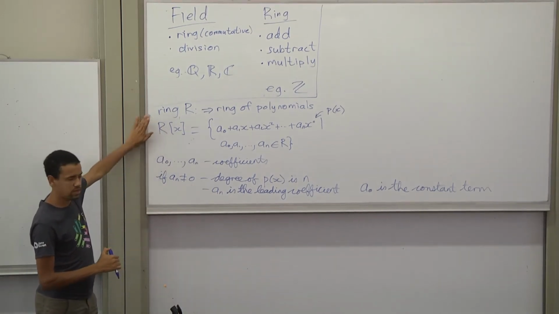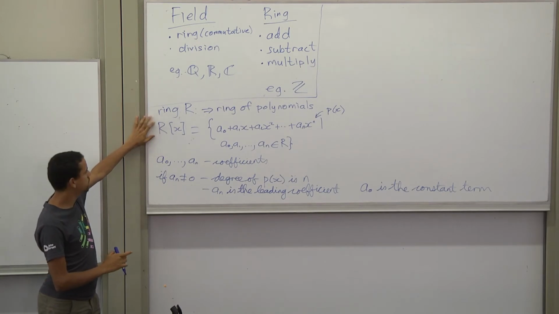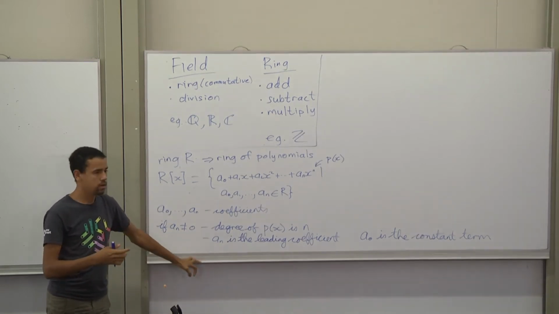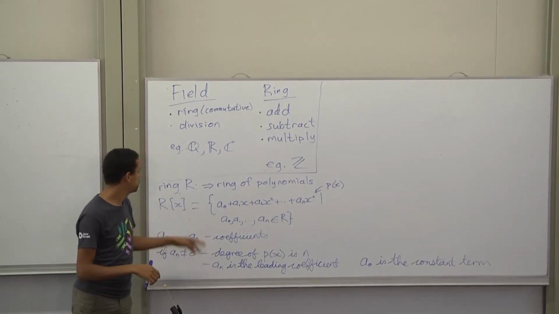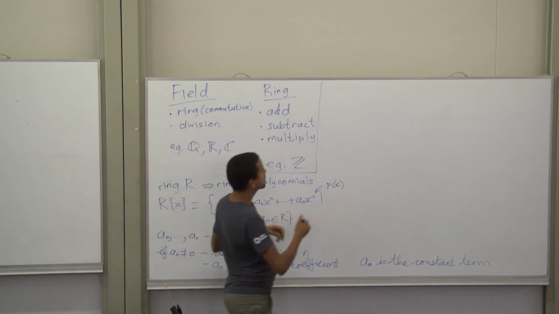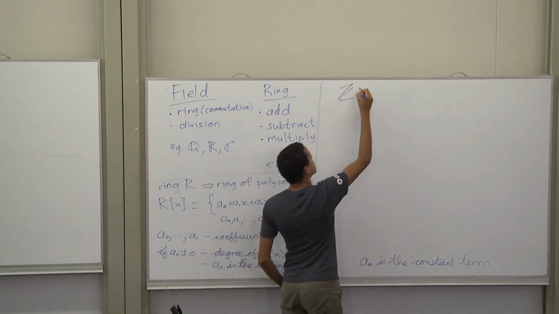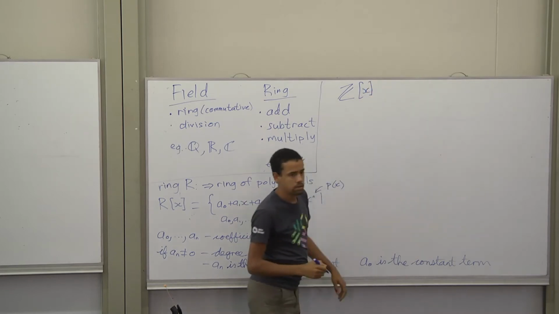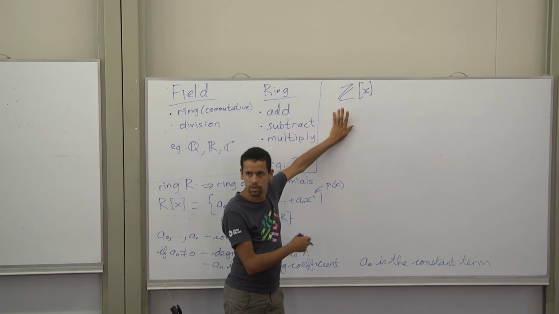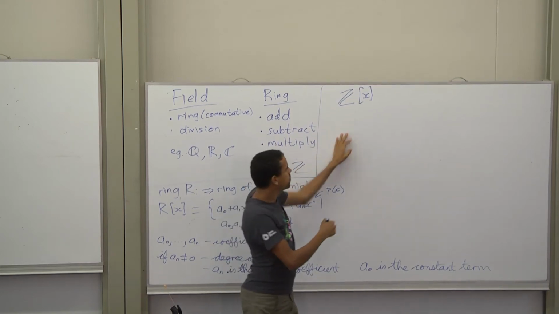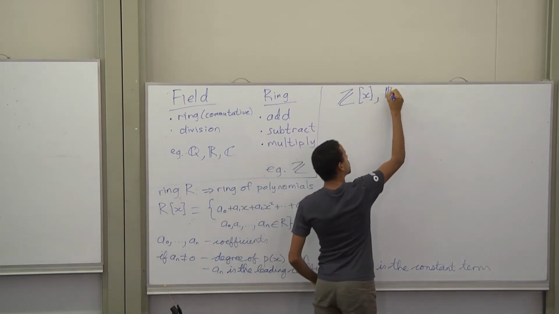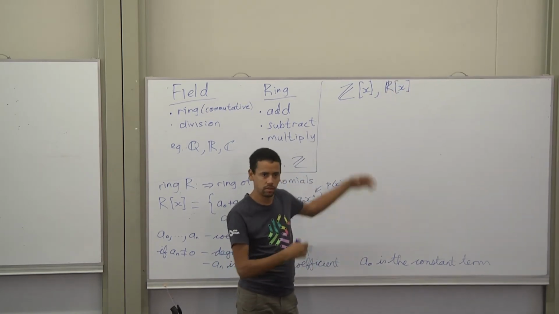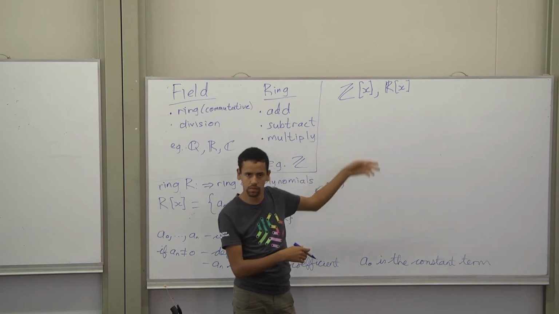So moving a bit away from the abstract towards more concrete examples, if we replace the ring R with specific rings, we can have the ring Z[x], which is all polynomials with integer coefficients. Or I can have the ring R[x], which is all polynomials with real coefficients, and so on, complex coefficients, whatever.